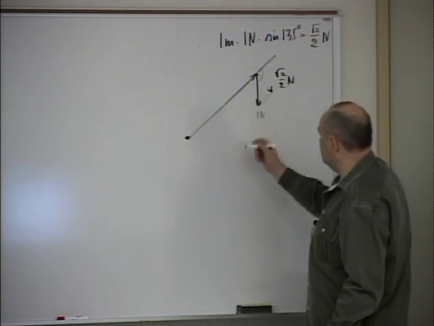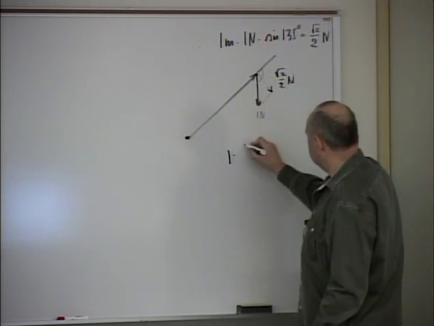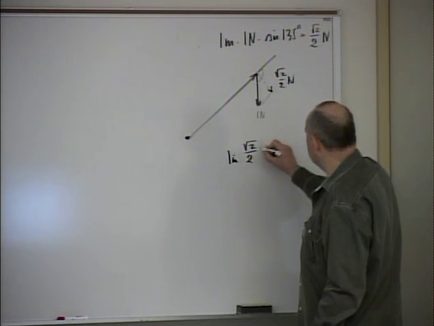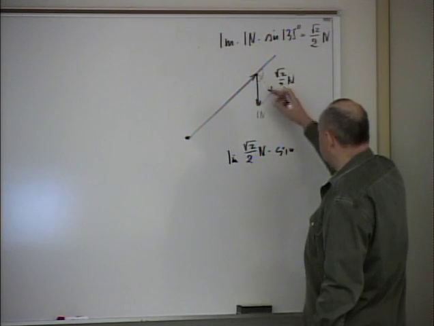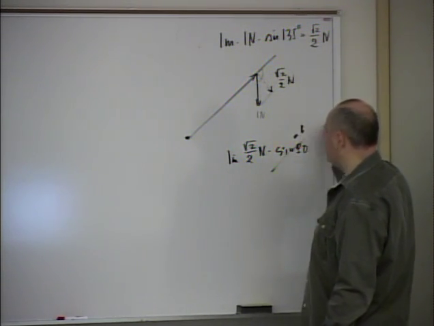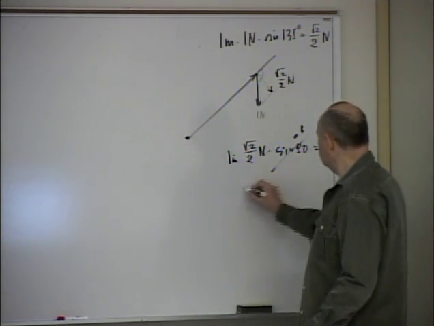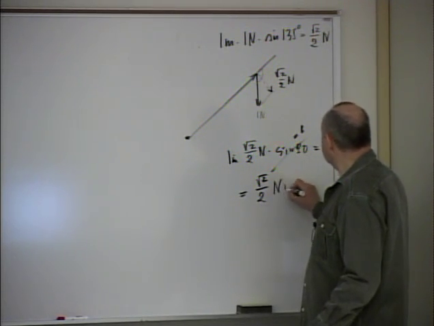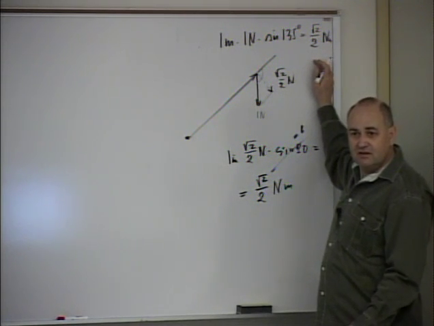So now I have 1 meter times square root of 2 over 2 Newtons, and the component is already perpendicular, so sine of 90 degrees is 1, so I never think about it. I just take the component. So the torque is square root of 2 over 2 Newton meters. It's the same as before, right?